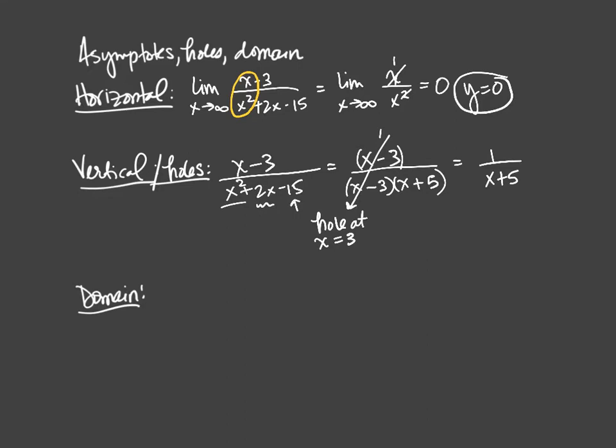And then we look at what remains, the x plus 5. That tells me that negative 5, because when I plug that in, will cause the denominator to be 0, but not the numerator, is a vertical asymptote.